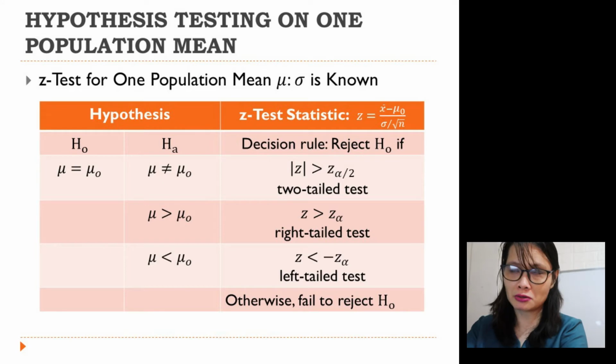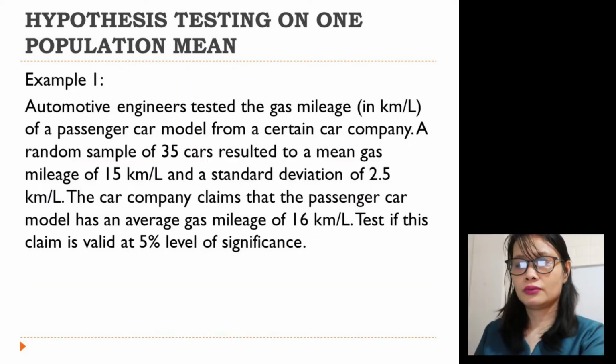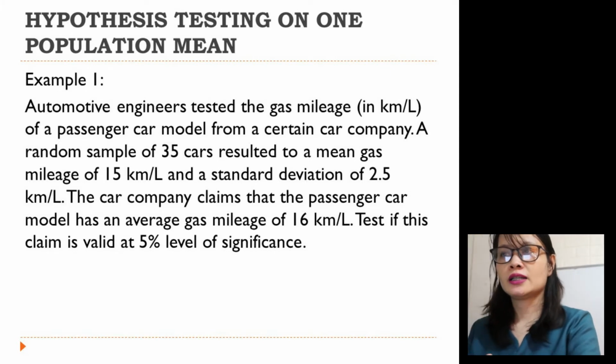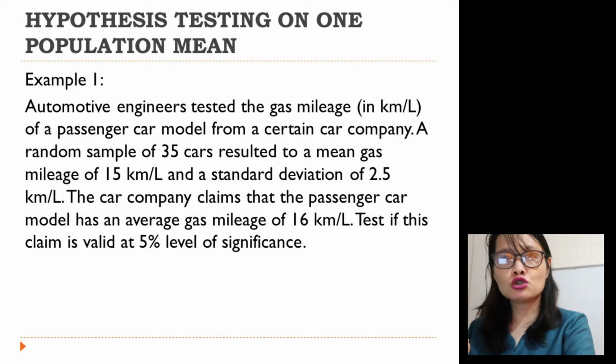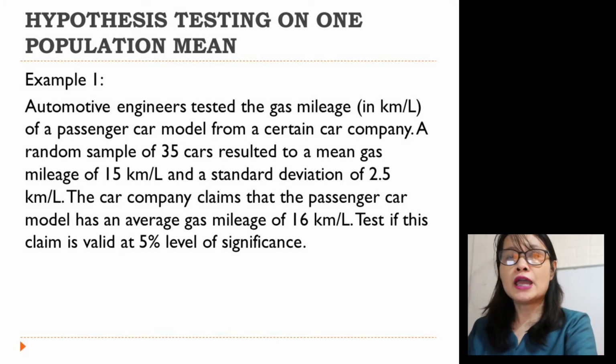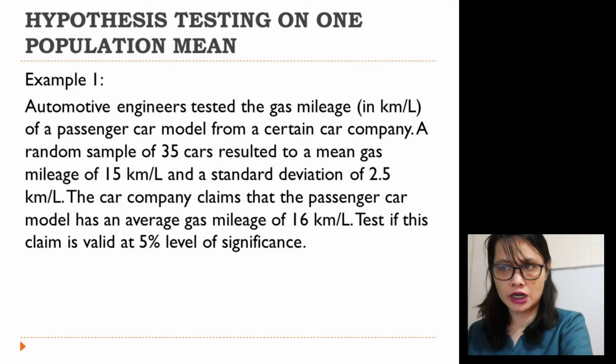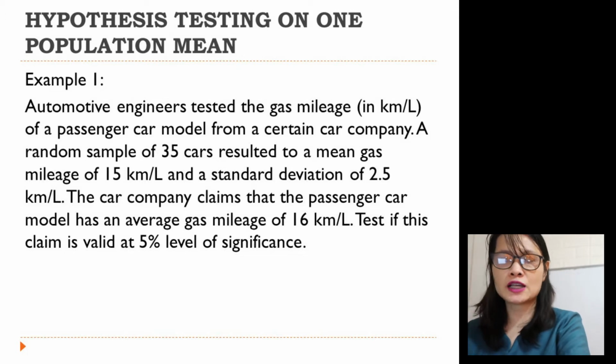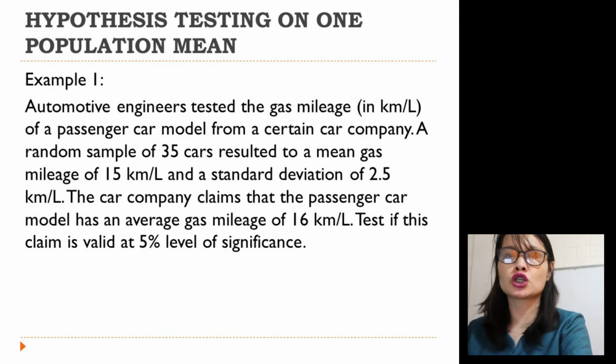Okay, example number 1. Here we go. Automotive engineers tested the gas mileage of a passenger car model from a certain car company. A random sample of 35 cars resulted to a mean gas mileage of 15 kilometers per liter and a standard deviation of 2.5 kilometers per liter.